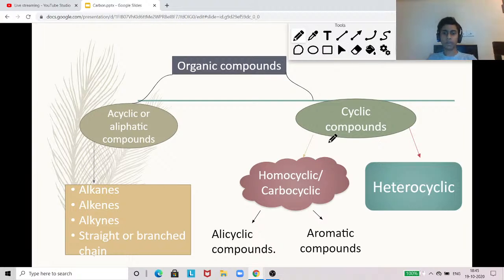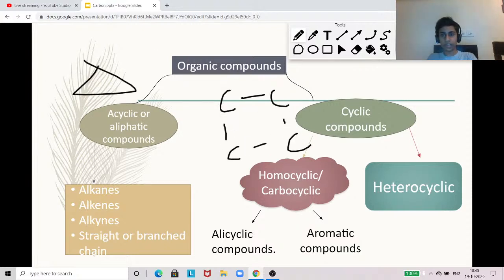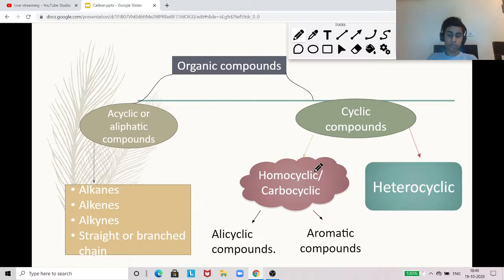Now, what about cyclic compounds? These are basically rings. We have seen rings like this. It could be like a triangle, it could be like a hexagon. This is a cyclic compound. They can be divided into homocyclic or carbocyclic and heterocyclic.